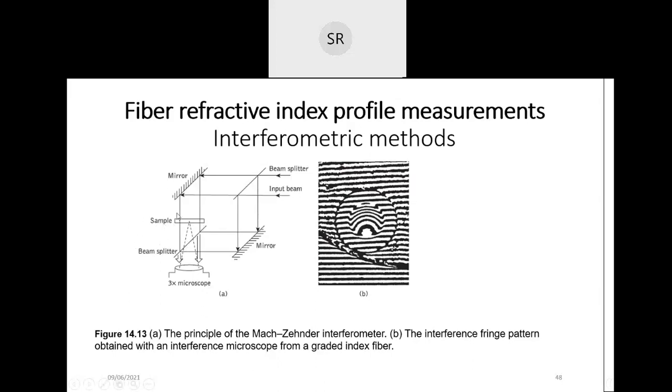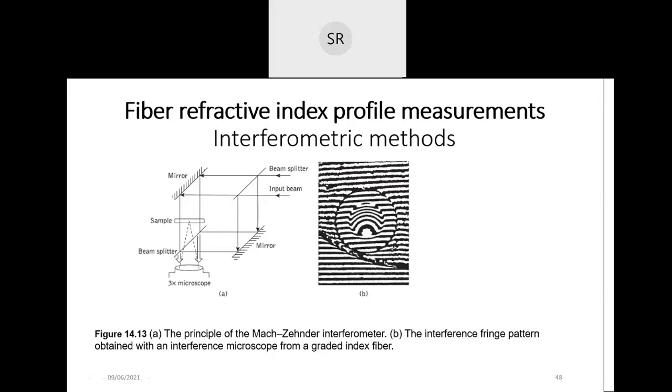The ends of that slice of fiber are polished in such a way that we get a thin slab of fiber with a square shape. The surface of that fiber is totally flat, and it has to be smooth.